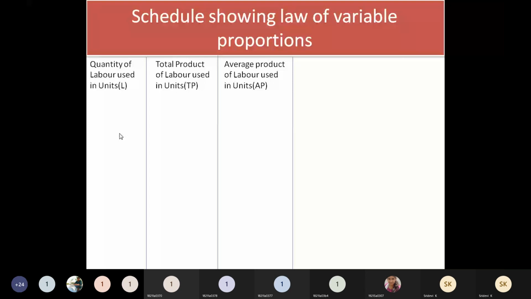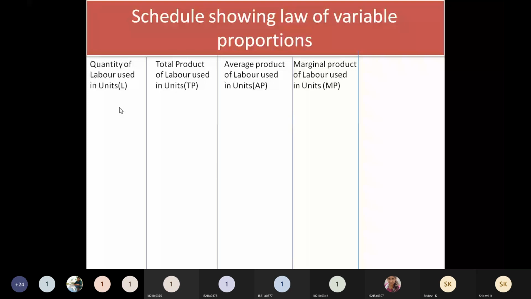Marginal output means, if you go on increasing the labors, the additional output that you get by increasing one more labor. That is most important. If you increase one more labor, you have to analyze whether it is feasible, whether it is giving you a good result for output or not. For finding that out, marginal output will help you. So these are the 4 things that we are going to find out.